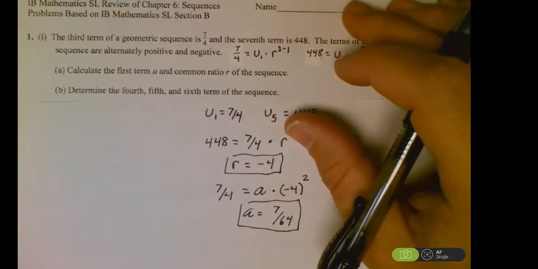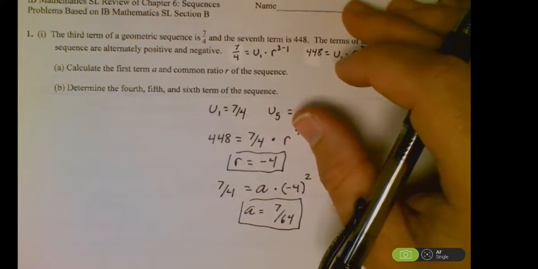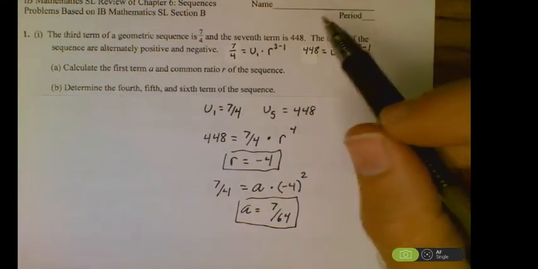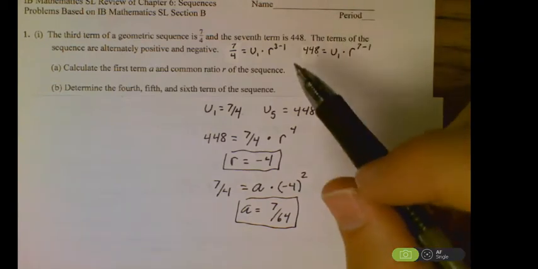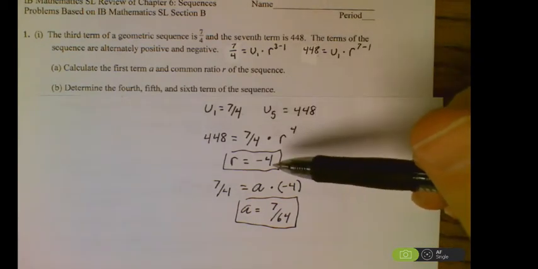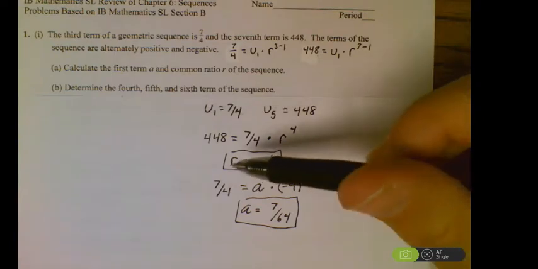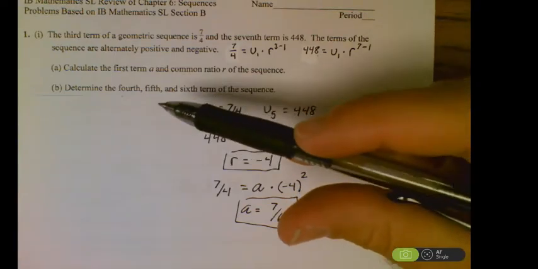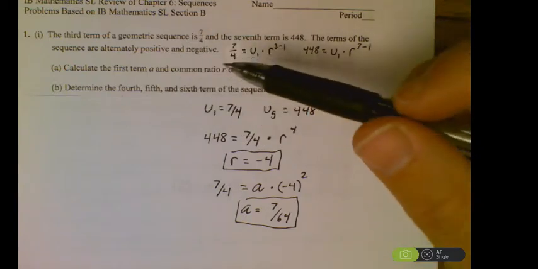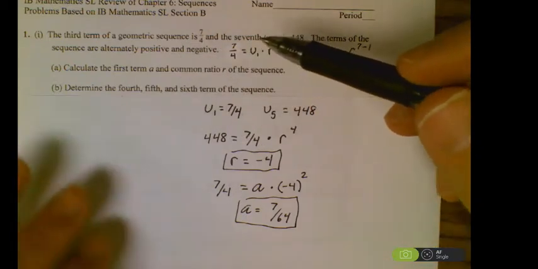Now we want the fourth, fifth, and sixth terms. So there's a couple ways you could do that. You could use formulas and do each one individually, or you could just kind of use a little common sense here. Knowing that the seventh term is 4/48 and this was the common ratio, I can just work my way backwards to get the 3 previous terms, or work up from the third term, which would probably be the easiest route to go, I guess.